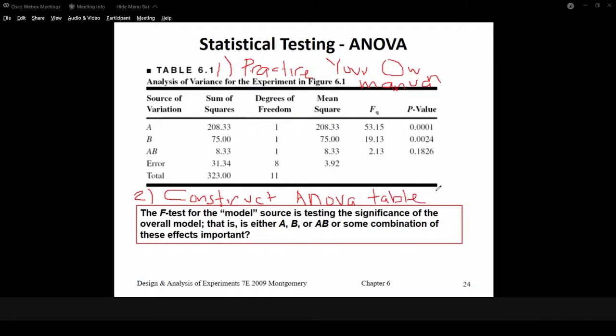So why Minitab? Basically, practice on your own using a formula. Another is using Minitab. If you can get this table, that means you understand today's topic. So please practice.